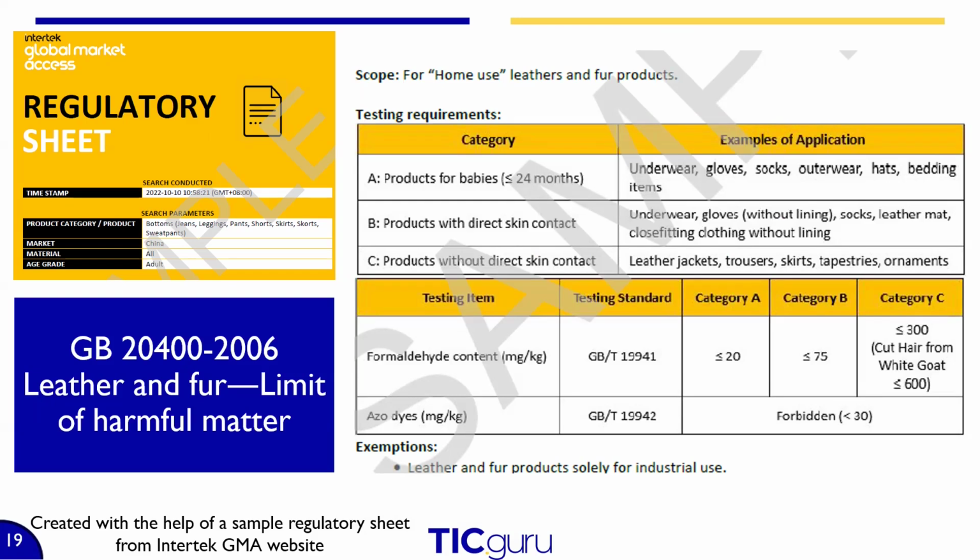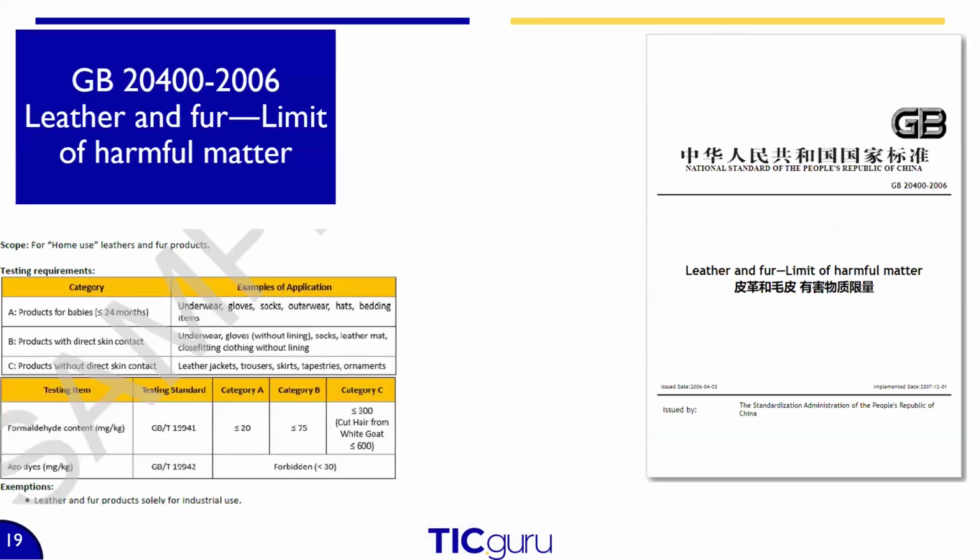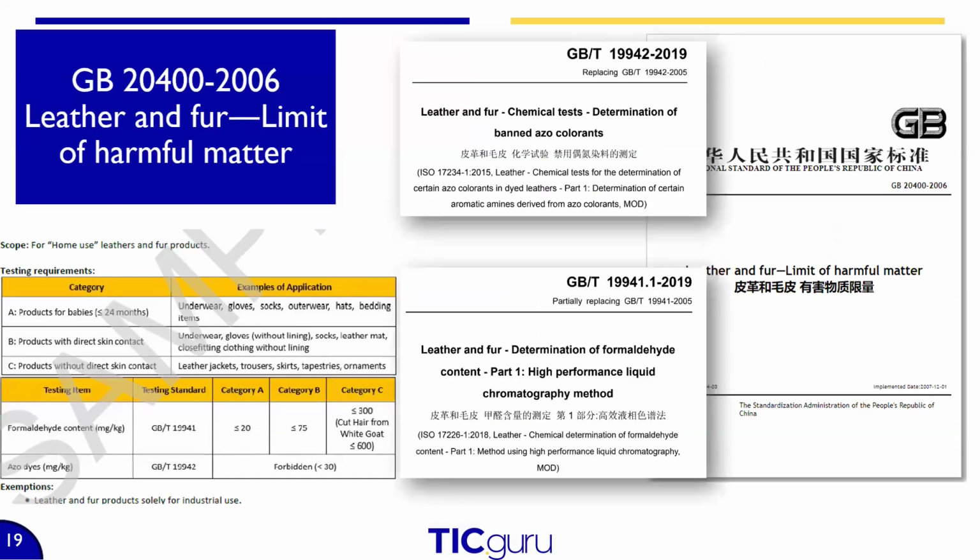So let's look at how this is structured by going one layer deeper. You can see that the GB 20400 calls in methods like 19941 and 19942. These in turn call for other methods. Now, these methods, as you can see from this sheet, are calling in references to ISO standards.